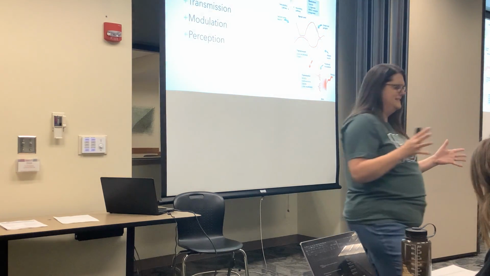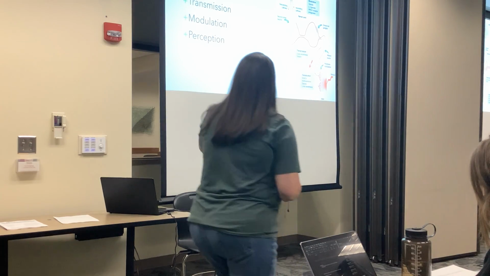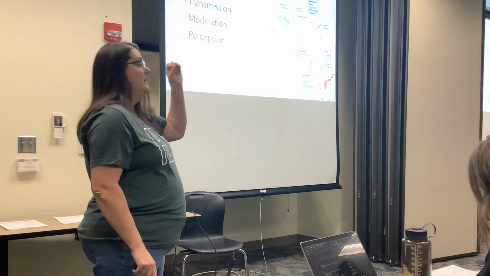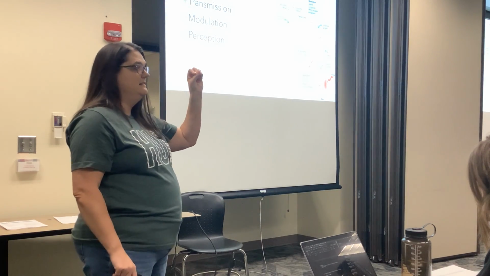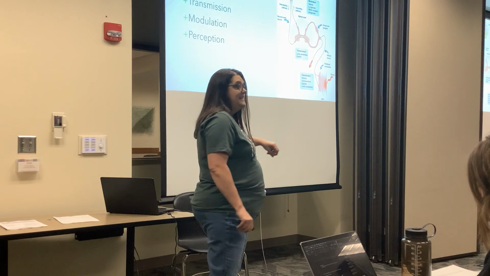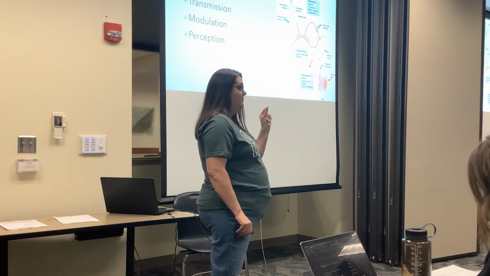And that's very, very simplified. And then perception, it finally reaches my brain and I say, oh, this hurts and I need to get away from it. So those four steps happen right now, hopefully.